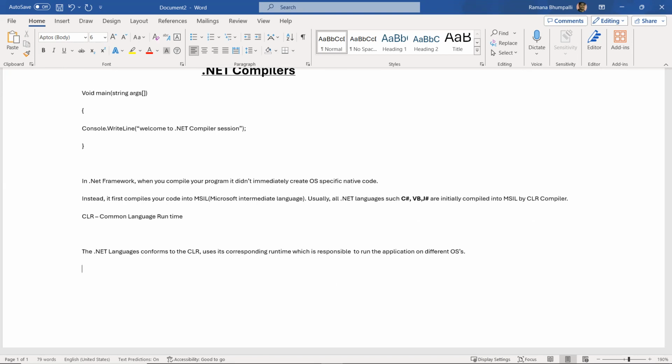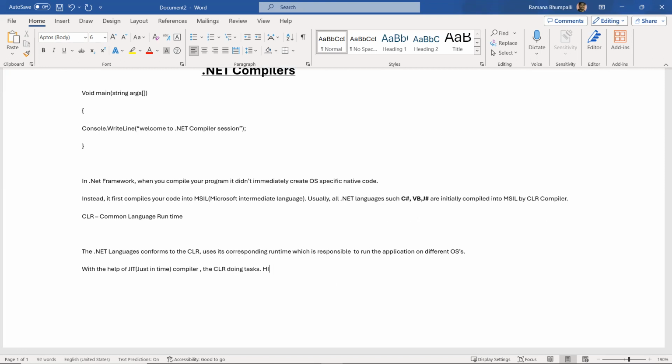So how is it going to convert to native code? With the help of the JIT compiler, that is Just In Time. The Common Language Runtime does this task.